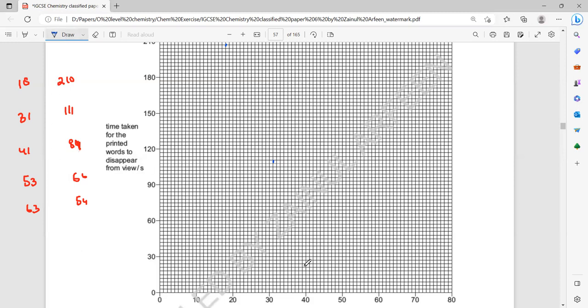Then 41 and 84. So this will be 41 and 84. Then we have 53 and 66.